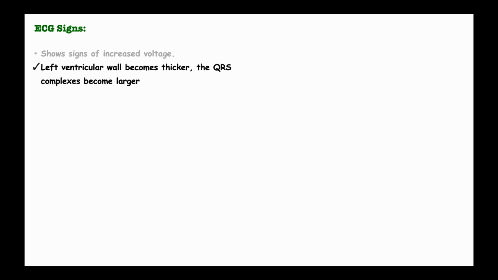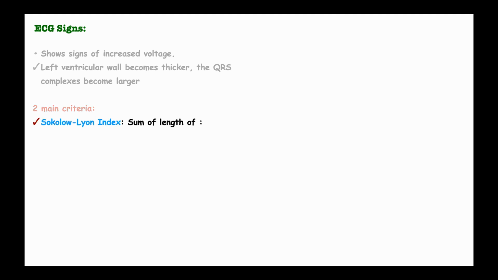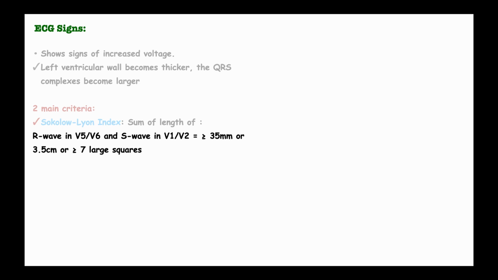Now, there are a lot of ECG criteria which we use in the diagnosis of left ventricular hypertrophy, but I'm going to talk about just two of them over here. The first one being the so-called Sokolow-Lyon index, which is the sum of the length of the R wave in V5 or V6 and the S wave in V1 and V2, and it should be more than or equal to 35 millimeters or 3.5 centimeters, or when you count, you must get more than or equal to 7 large squares.